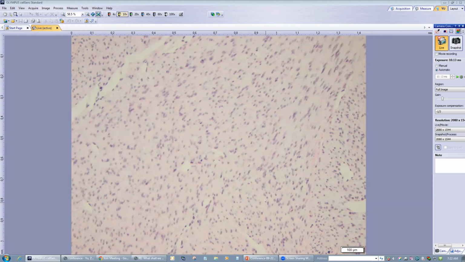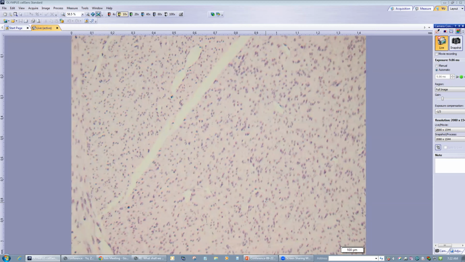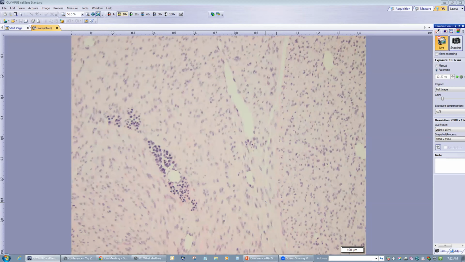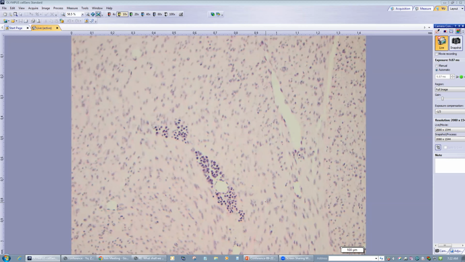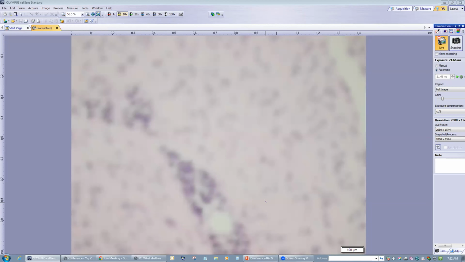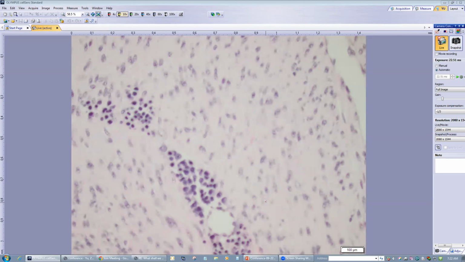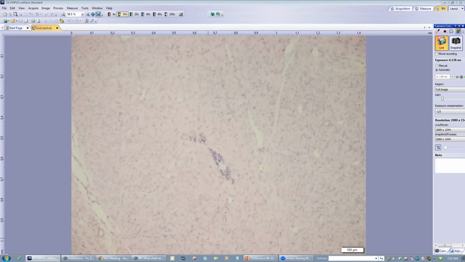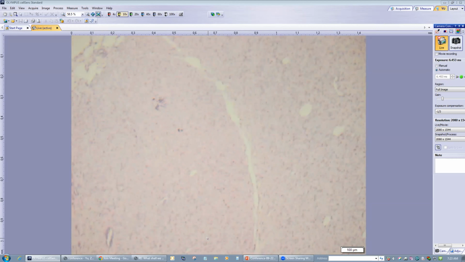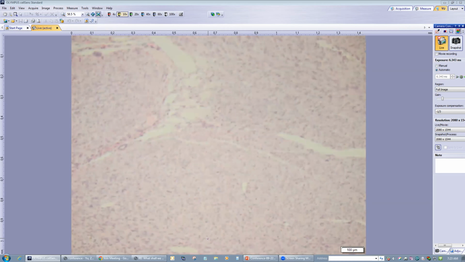So that's mesoblastic nephroma. Sometimes you can also see extramedullary hematopoiesis. This is also common. This is extramedullary hematopoiesis, and it's all over the tumor. Just to show you the overall.